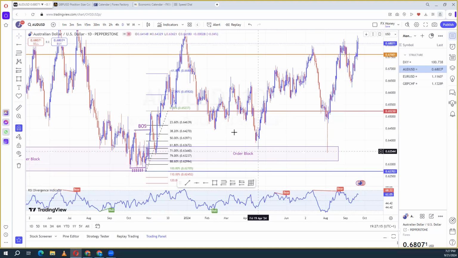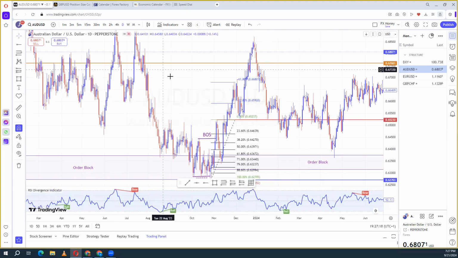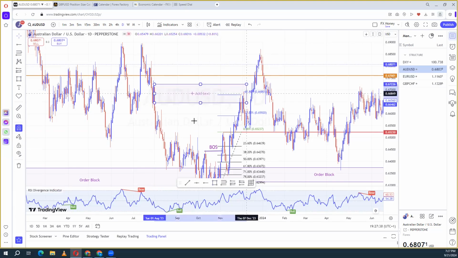The best thing I just do is I look for a good supply zone I think the market will react to. I know it is going higher, but all these trap supply zones that you see above, the market will use them as a reaction point to go further higher. Look at this perfect one here, right? It's a good supply zone. What did the market do?